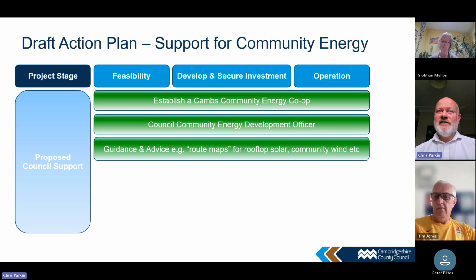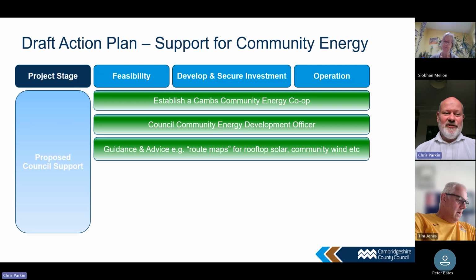Second action is a council community energy development officer. So this will be someone to provide guidance and advice to individual community energy groups looking to develop their own projects, and act as something of a critical friend in reviewing their plans as they develop. And that officer would then probably be involved in the drafting of guidance documents.